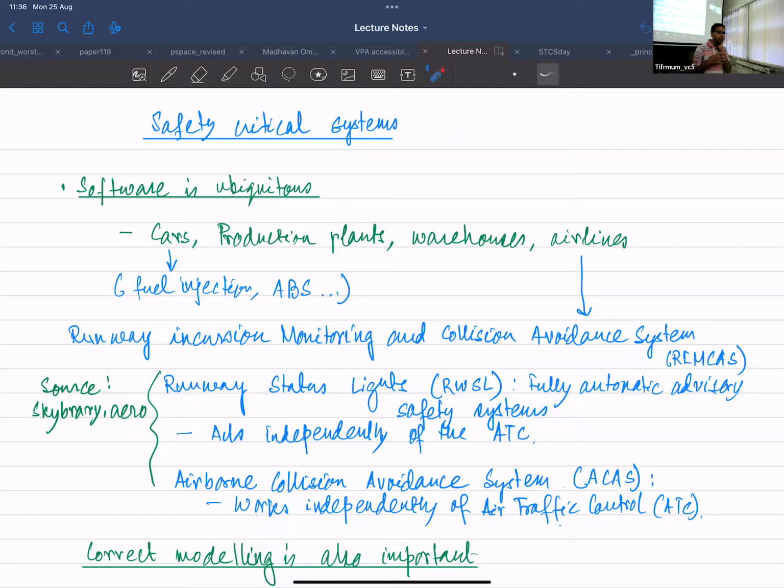One is that we would like to correctly mathematically model the systems. For example, when I say that I would like to certify formally, then I should have a mathematical model of the system. And then I should also have a mathematical model of the specification, right? So we are going to see these things in more detail.